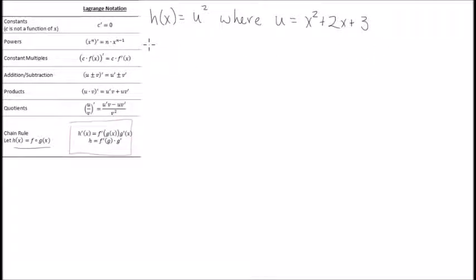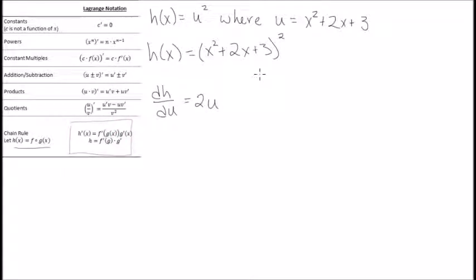So here obviously h of x would be x squared plus 2x plus 3 quantity squared. If I wanted to take dh du, so the derivative with respect to this u, it would simply be 2u.